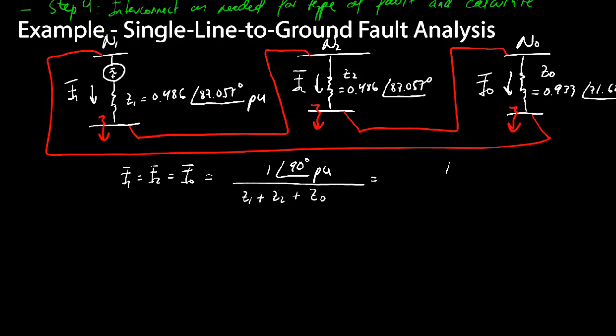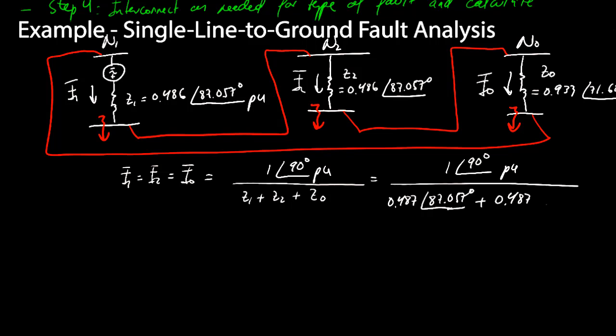So again I can say here I1 is equal to I2 is equal to I0, which is going to be equal to 1 angle 90, the source on the positive sequence network, divided by all three impedances, right? Because we have all of them connected in series. So I can simply add the impedances over here, Z1 plus Z2 plus Z0. So this is going to be equal to 1 angle 90 per unit, divided by 0.487 angle 87.057, the positive sequence impedance, plus the same for the negative sequence impedance, 0.487 angle 87.057, and then lastly the zero sequence impedance, which is equal to 0.933 angle 71.681 degrees.